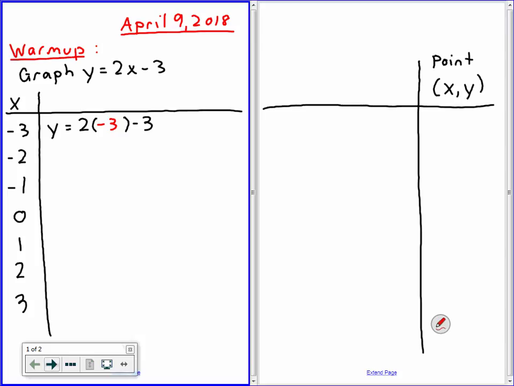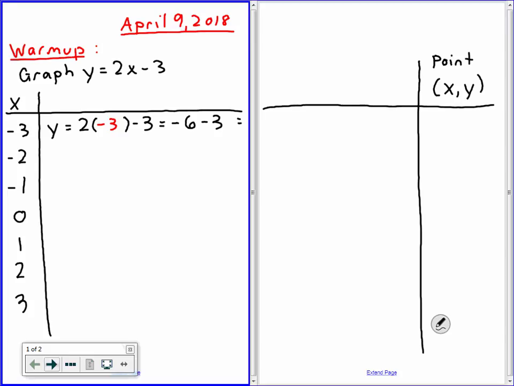Every time there's an x in my original equation, we're just going to sub in the value from the column. Liam, what's 2 times -3, please? -6, good. And Kevin, what's -6 minus 3, please?